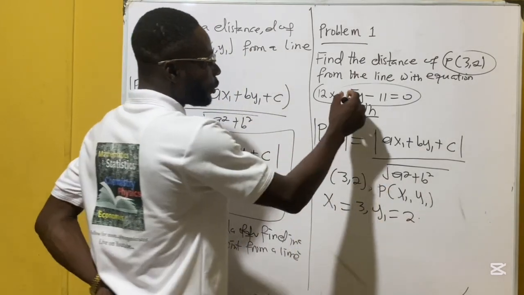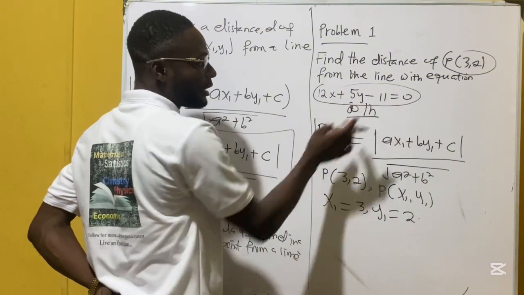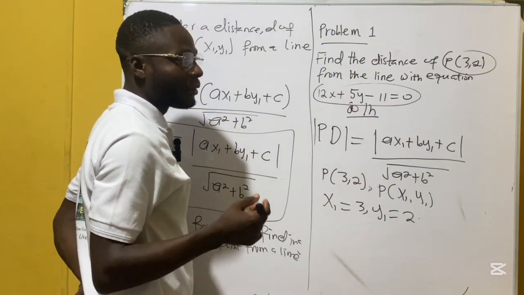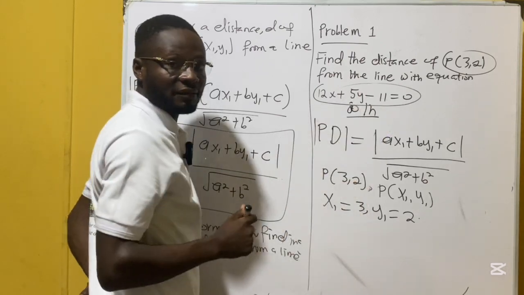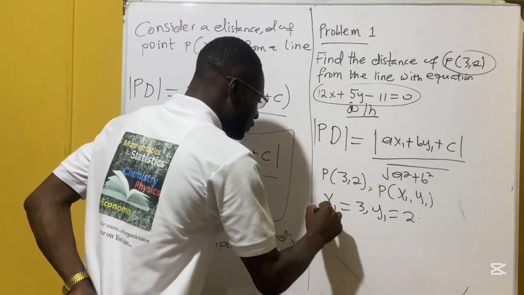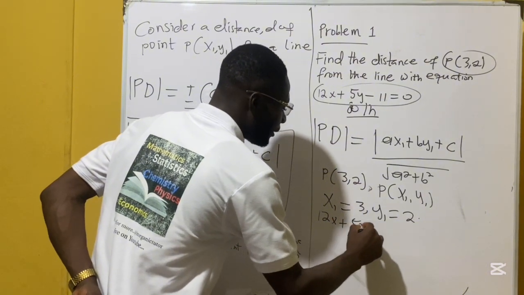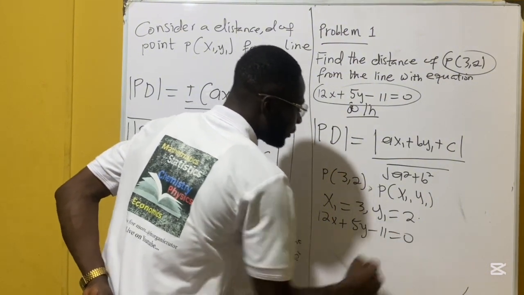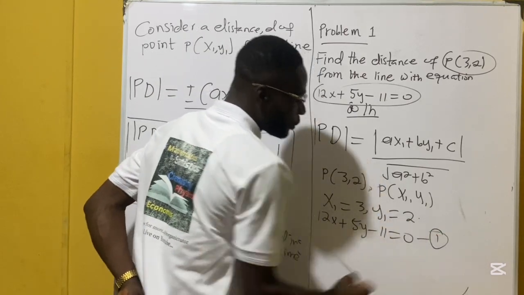Okay, so how do we get the A and the B? The A and the B are obtained from the equation of the line, 12x plus 5y minus 11 equals 0. Let's say this is equation 1.